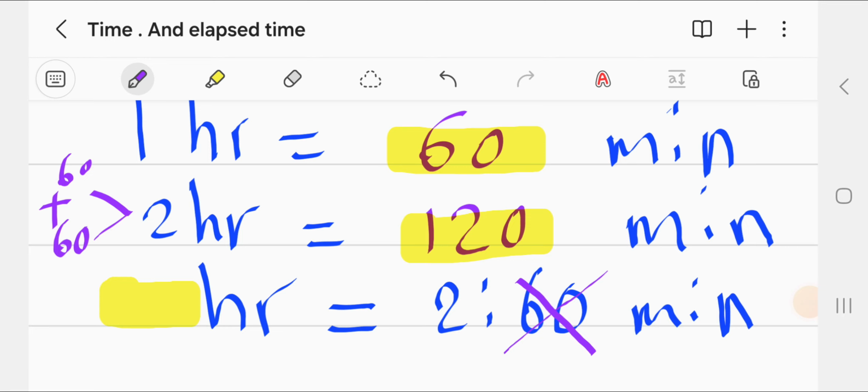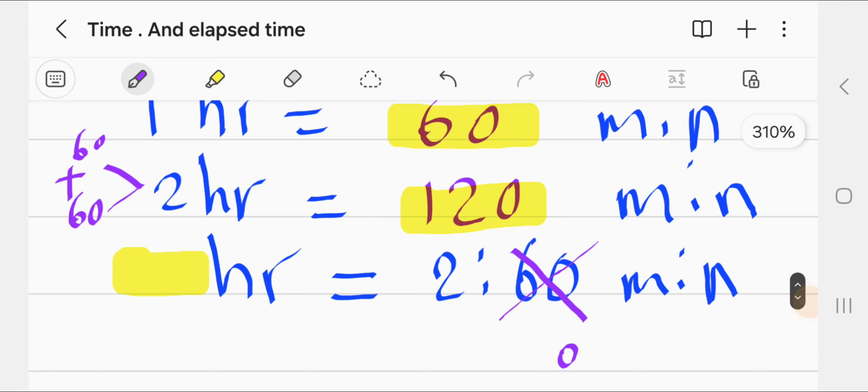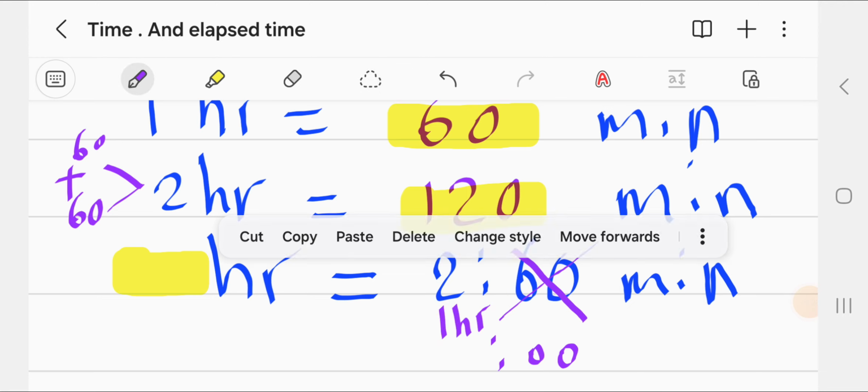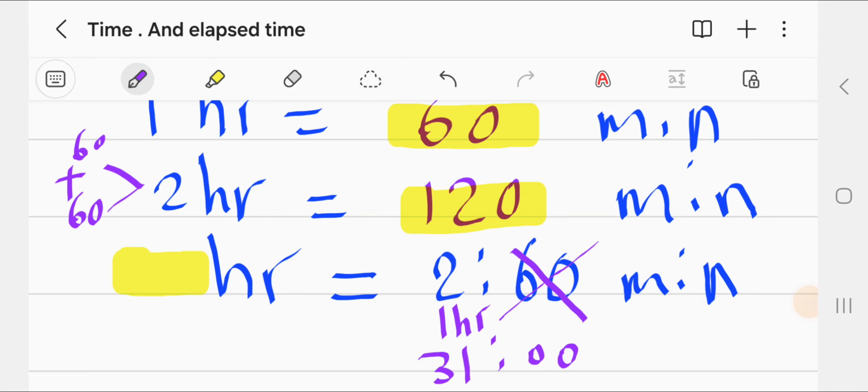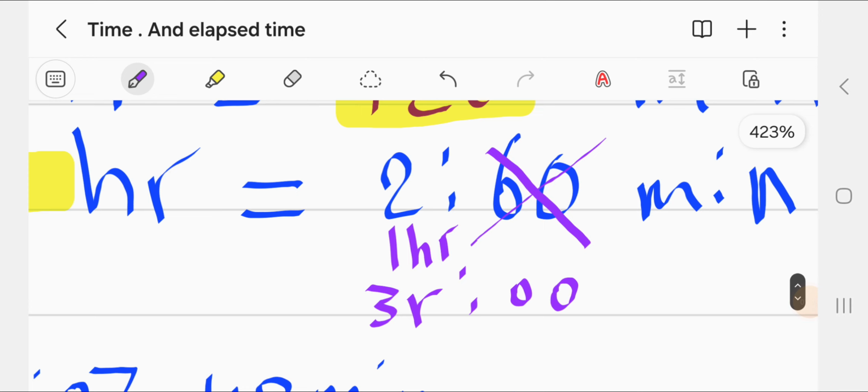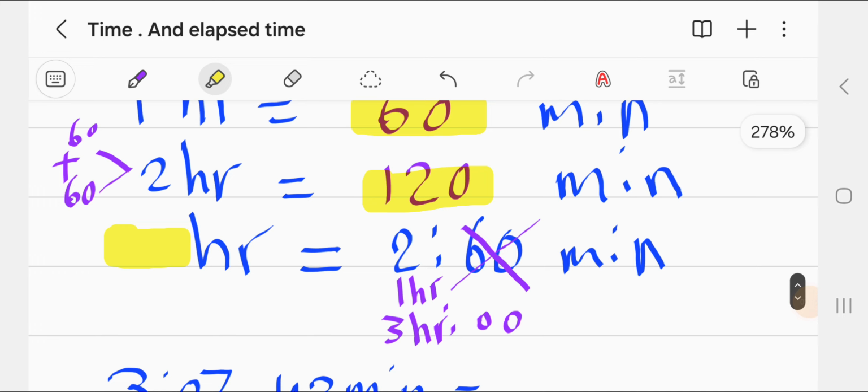So cancel 60, and it will be 0, and I will take it as 1 hour and put it here with the 2 hours to be 3 hours. So right now 2 hours and 60 minutes will equal 3 hours.